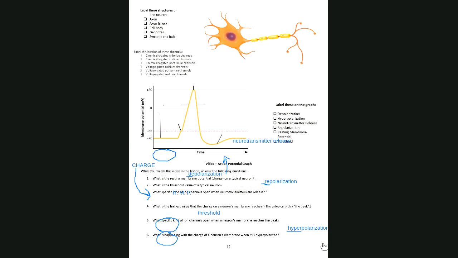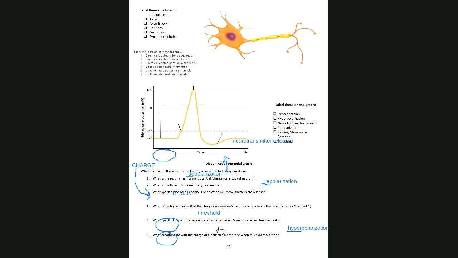So the first thing that we need to know with this graph is the names of each of these parts of the graph. Resting membrane potential is my normal charge when I'm at negative 70. Threshold is the charge where I'm going to decide to send a message. If I get to negative 55, that's threshold.